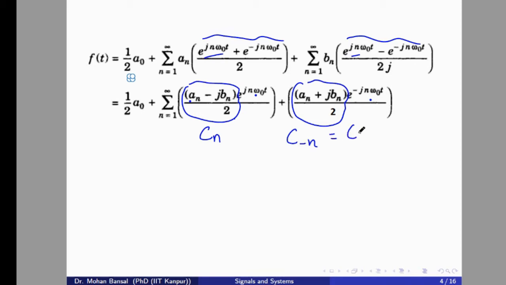Now we'll consider a0 divided by 2 as c0.